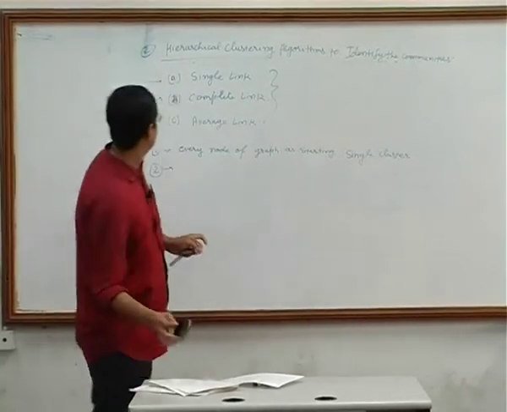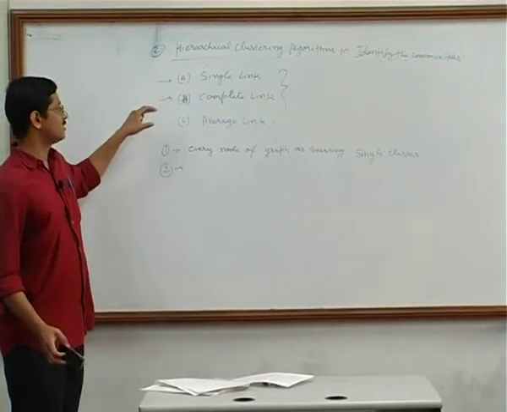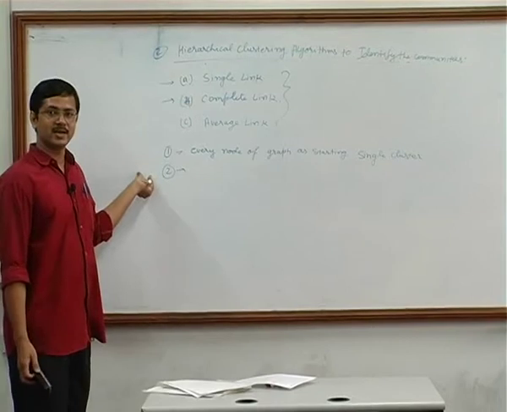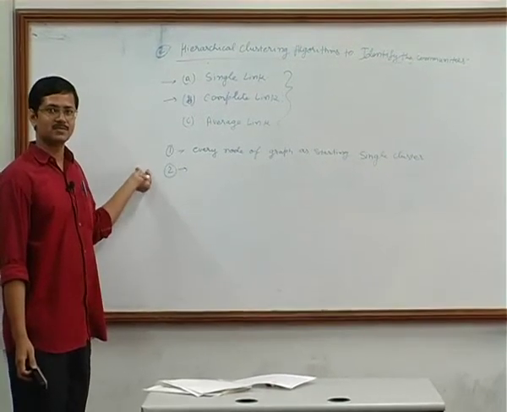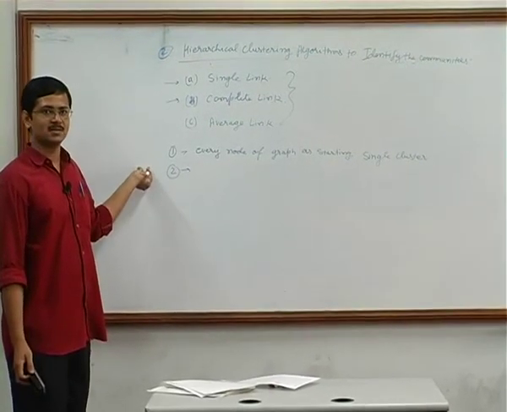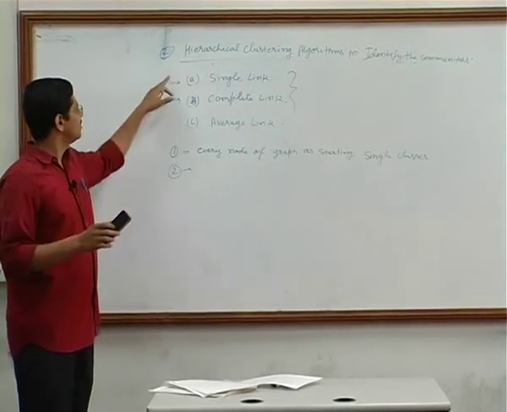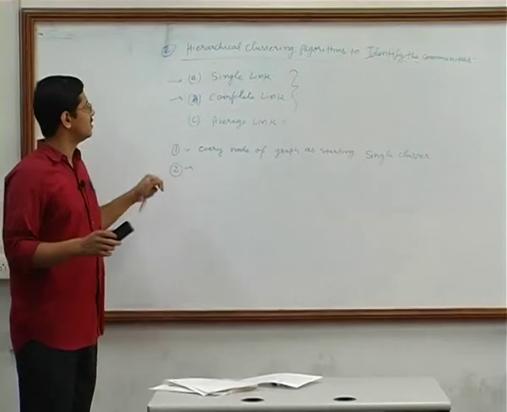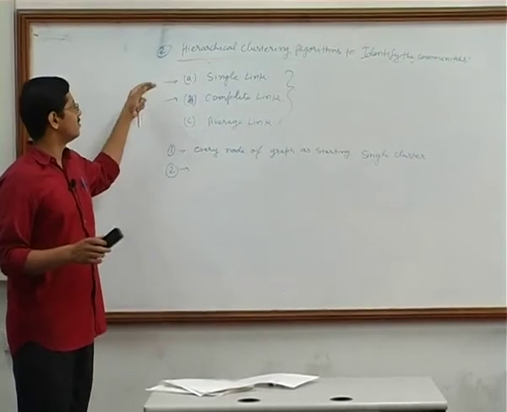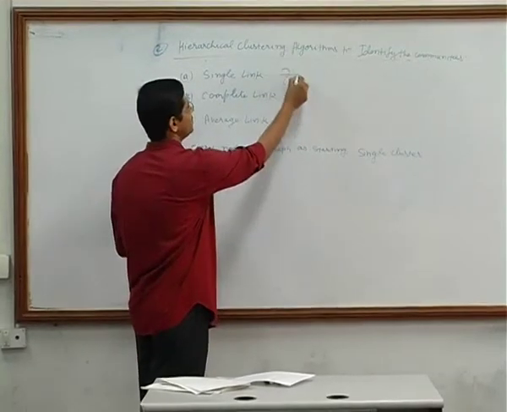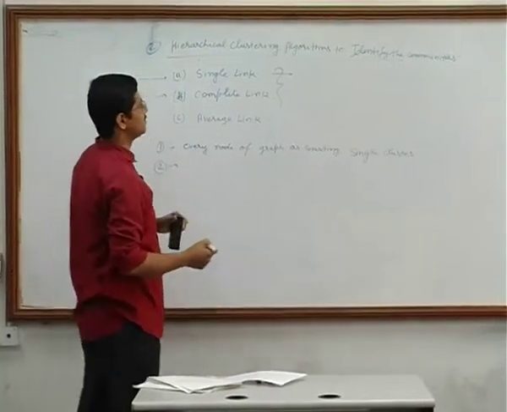So in all three categories, the way we use the similarity criteria and the process we apply to merge those initial clusters into a larger one plays a very important role. For example, in single link, we use the maximum similarity.